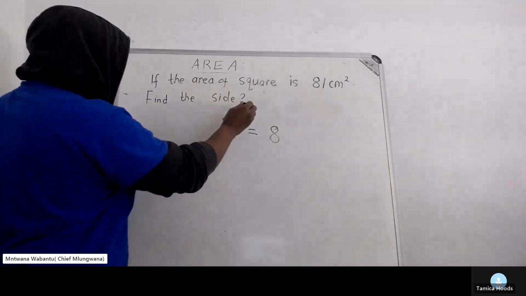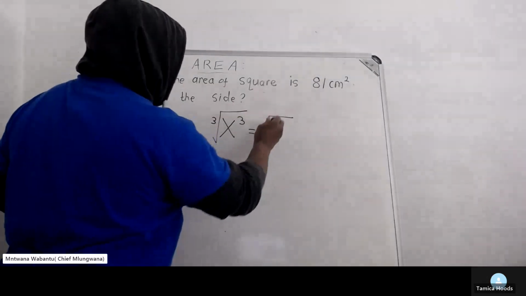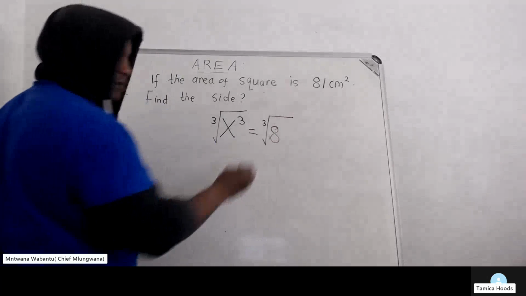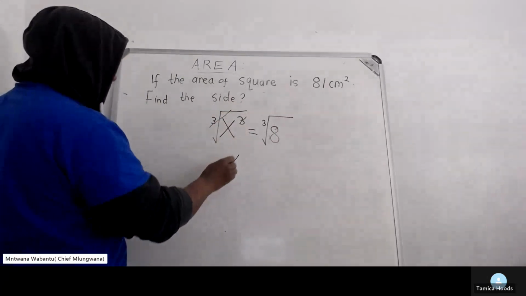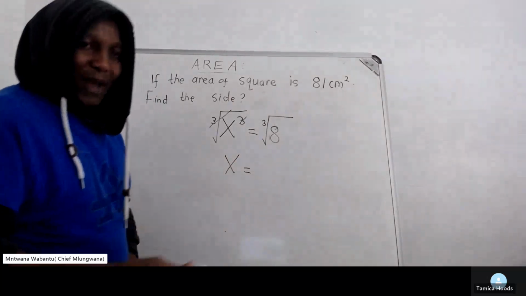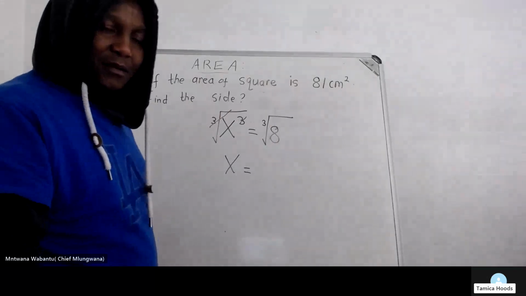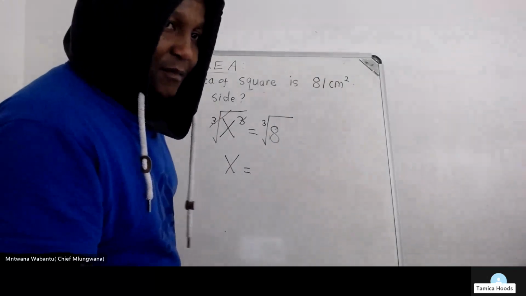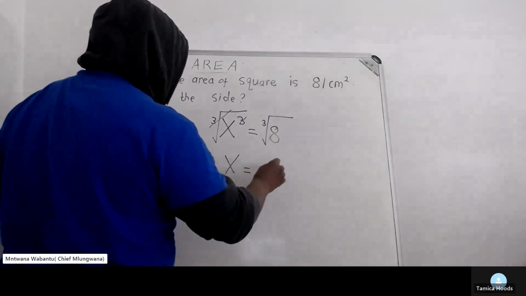We're going to put 3 here, and then also put 3 here, because this is 3. So this and this cancel. We say x equals... Which number multiplied by itself, multiplied again by itself, will get 8? 2, because 2 times 2 is 4, times 2 equals 8. Our number is 2.